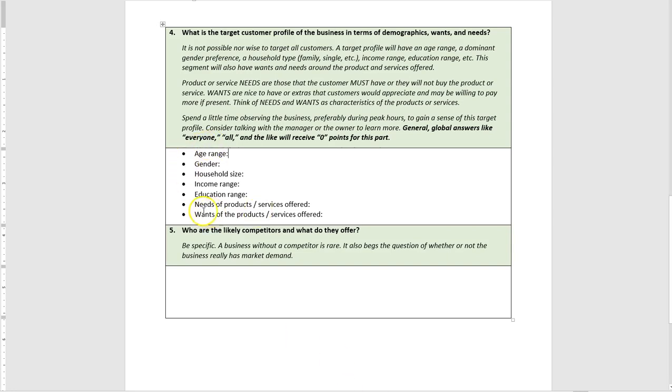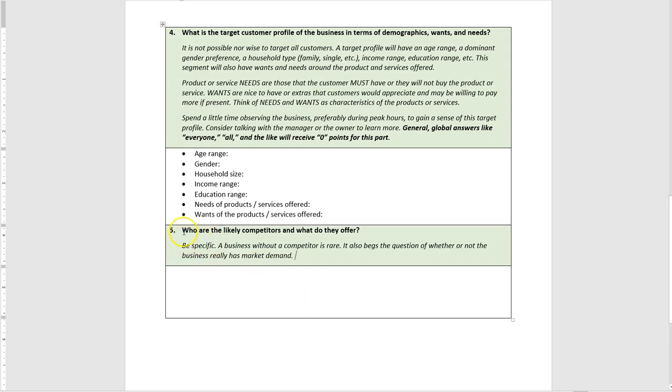As far as needs and wants of customers, you'll want to pay particular attention to what the customer must have in order to buy the product or the service versus those kinds of things that are just nice to have. This requires your careful attention to what the business offers and what the customer will typically be willing to pay for as extra versus the things that they're willing to pay for because it's just basic to what they expect of the business.